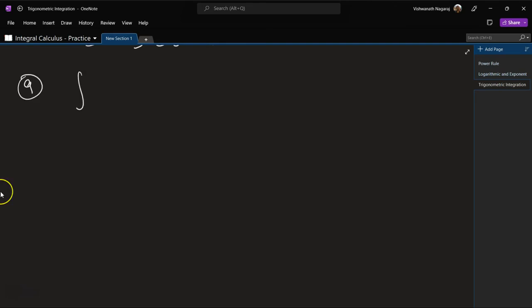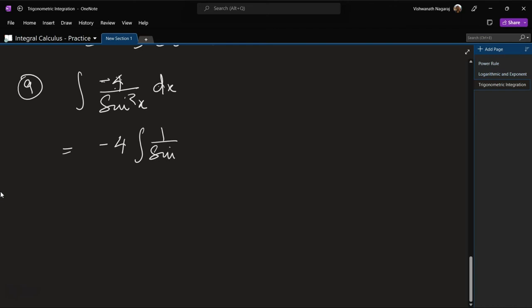Ninth one, integral of minus 4 by sine square x dx. Minus 4 comes out, 1 by sine square x dx. We know that 1 by sine square x is nothing but cosec square x.